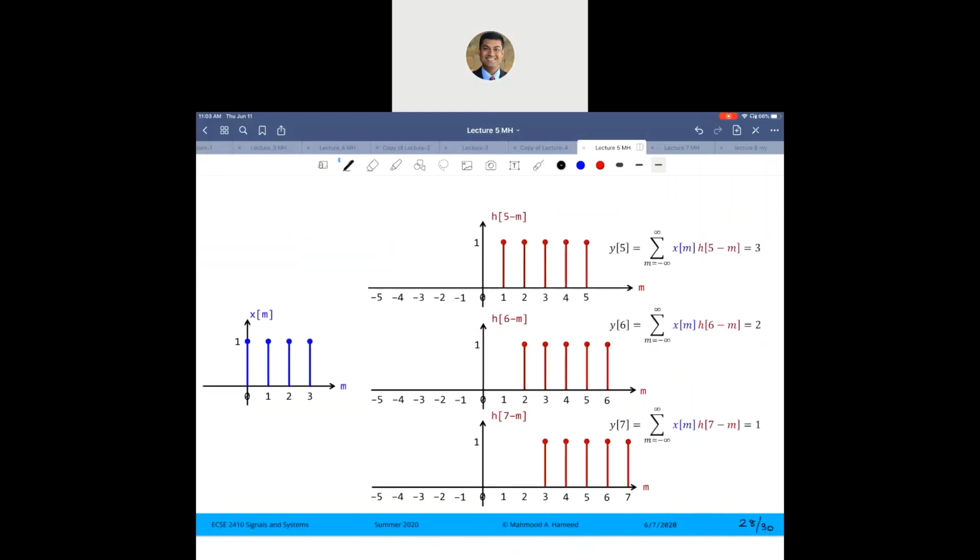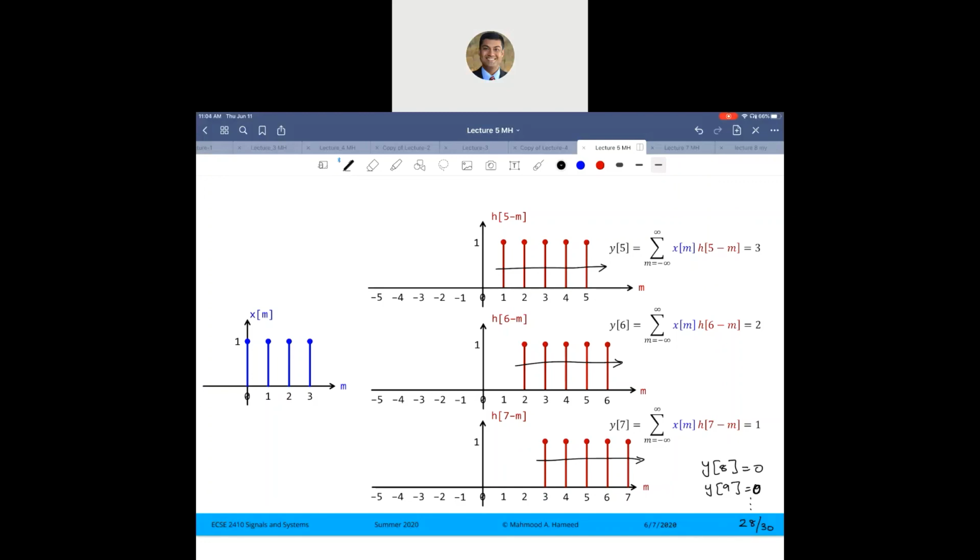Continue moving to the right, one integer time step at a time, and as you do that, you go down from 4 to 3 to 2 to 1, and y of 8 will be 0, y of 9 will be 0, and so on. It will not have any overlap.